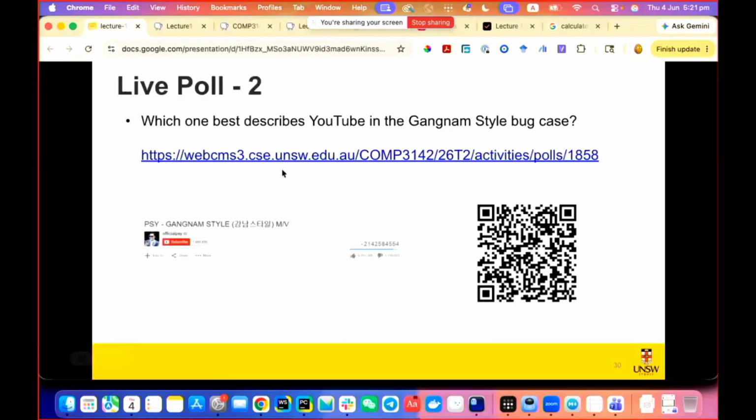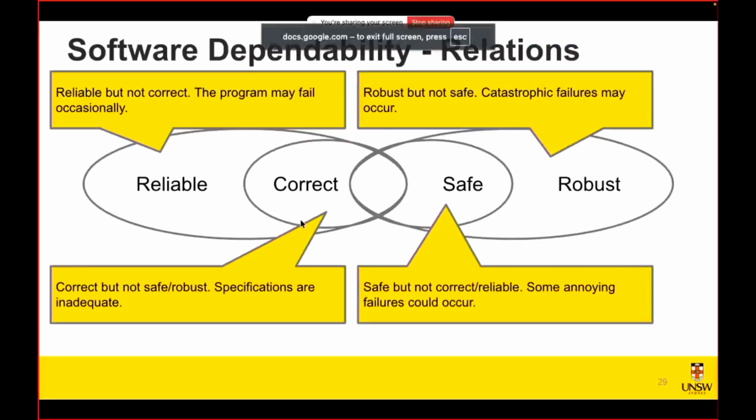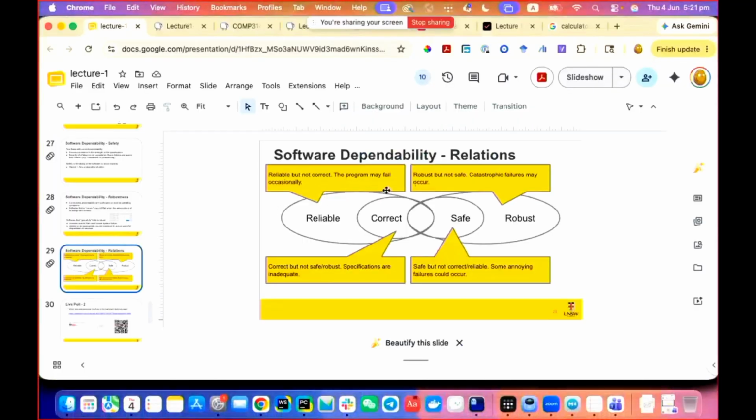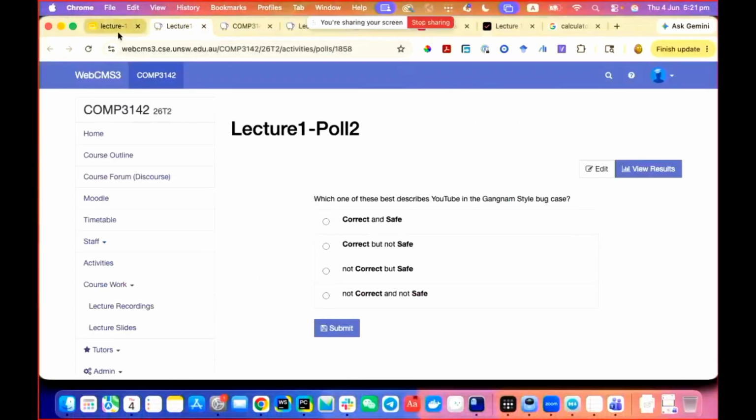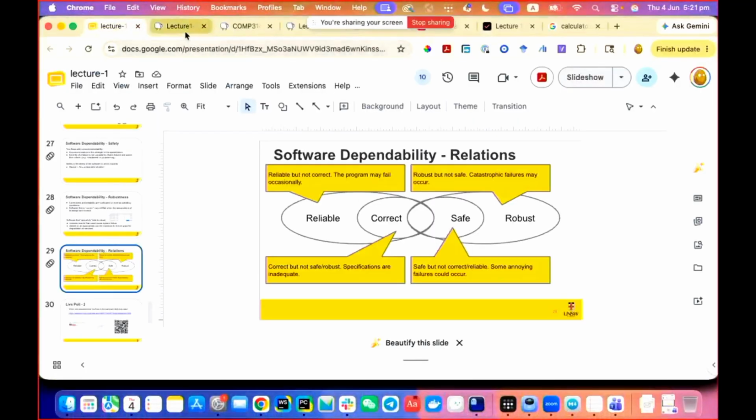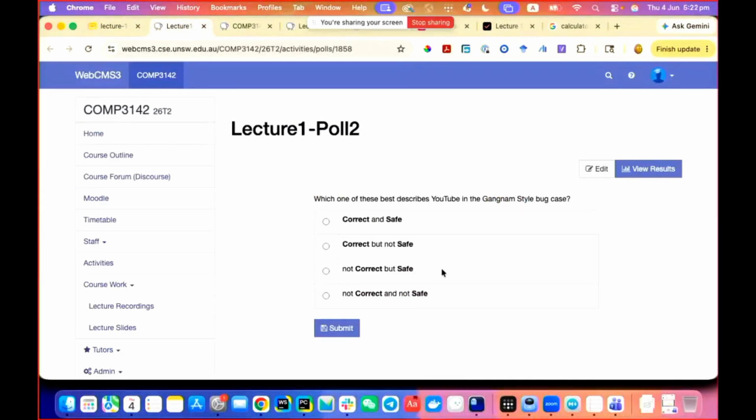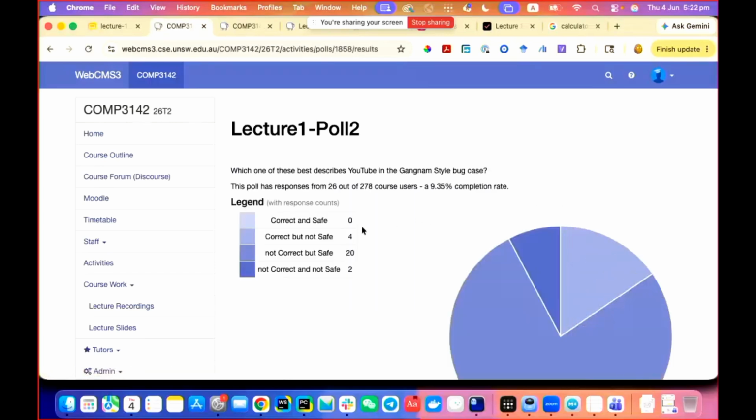We have learned all the relations here. We have learned everything here. So which one do you think describes this bug? I think some of you might have done this before I reach this part. So let's see the results.